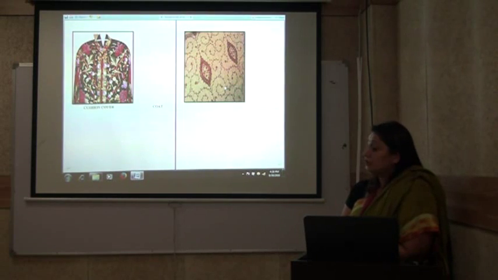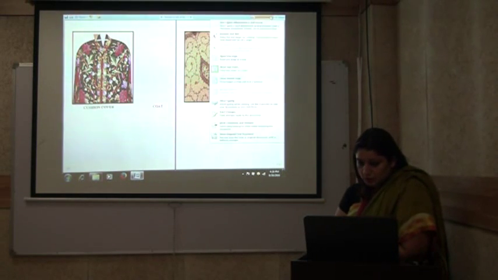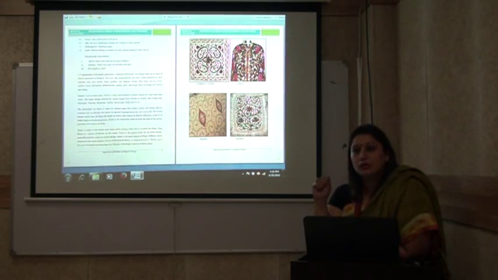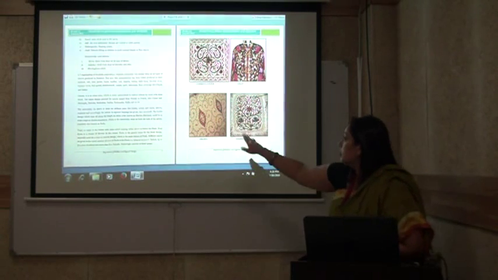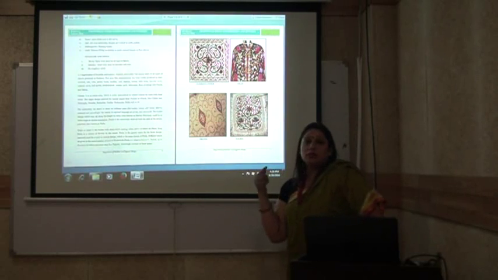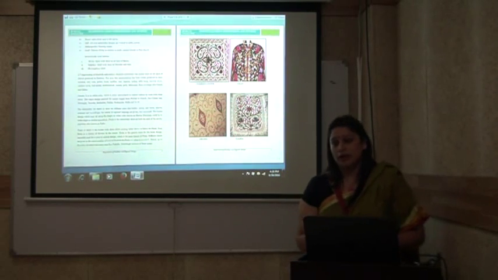So these are some of the products generally made using Kashida embroidery. There is Ari work, and there is needle work, which is the Suzni work. This finer work is the needle work, and this done with something like a crochet is the Ari.